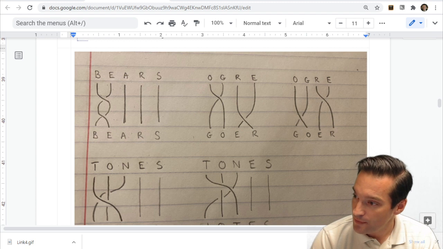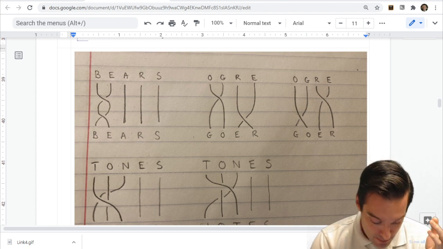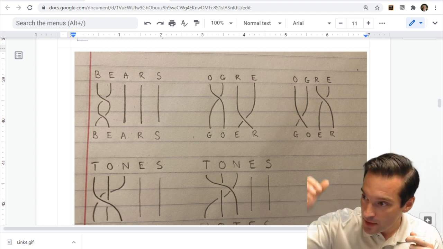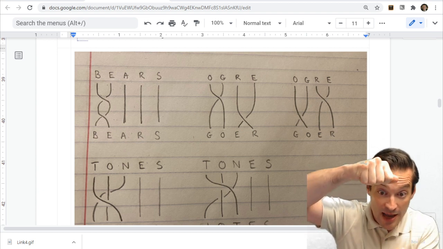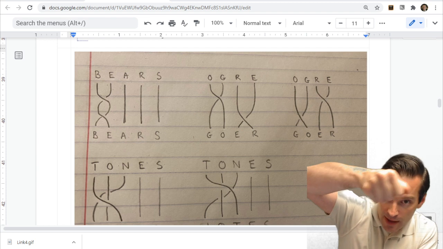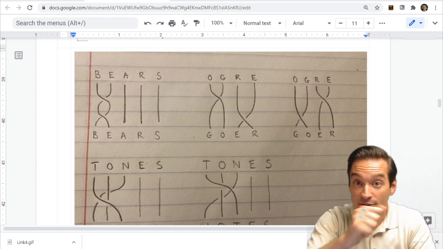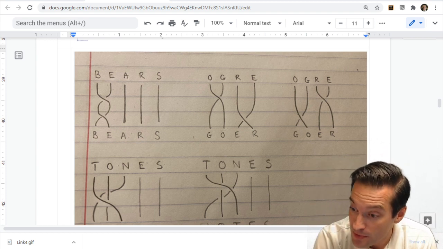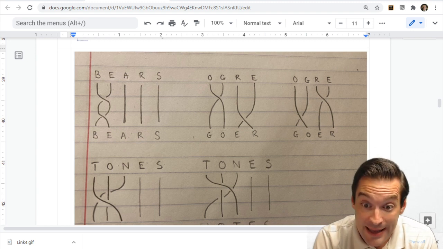So just to think about why that might be for a second, just imagine that I grab a hold of the word bears on top and grab a hold of the word bears on the bottom, and I try to tug on the strands or move it around in space in such a way as to try and make those strands untangle. And I can't do it, right?